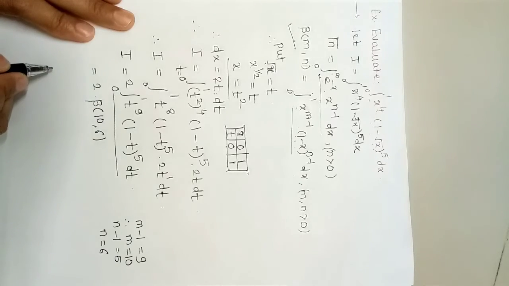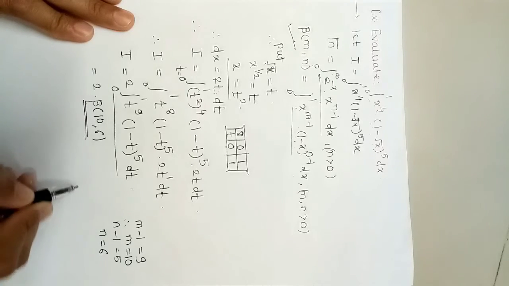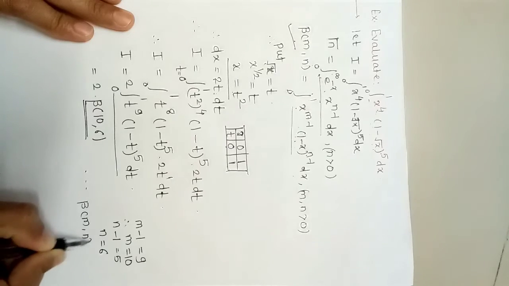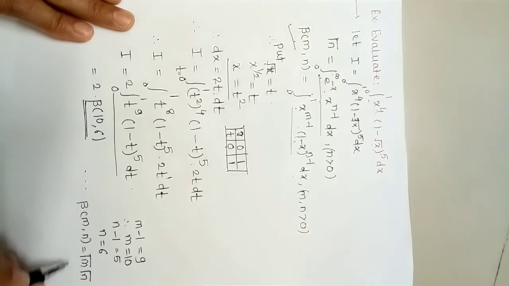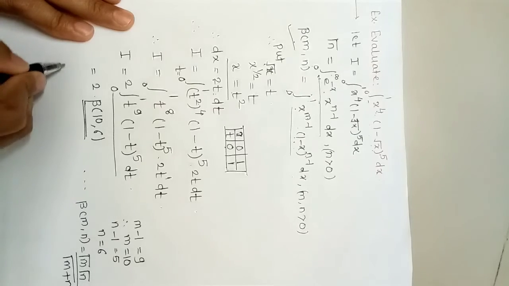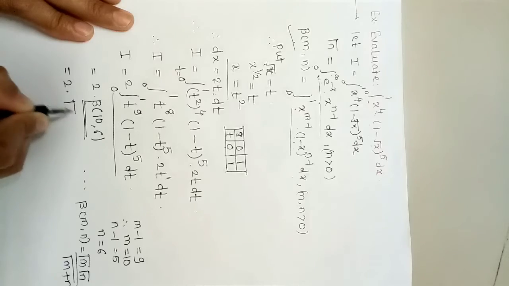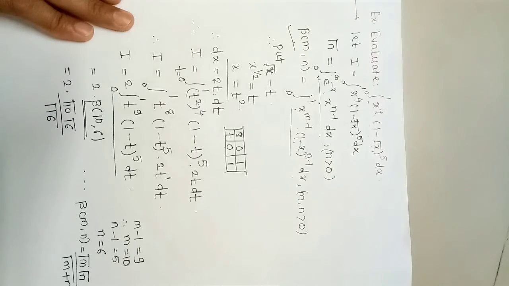Okay, now by using the relation between beta and gamma function, that is beta function of m, n is equal to gamma function of m into gamma function of n upon gamma function of m plus n, we apply here 2 into gamma function of 10 into gamma function of 6 upon gamma function of 10 plus 6, means 16.